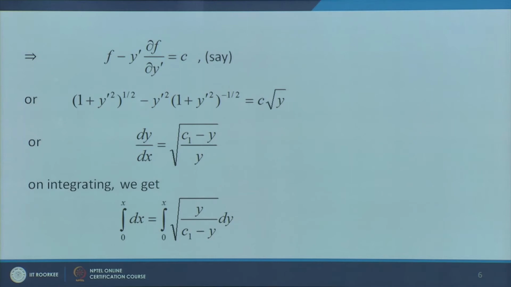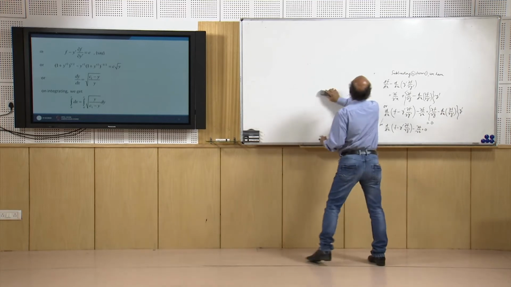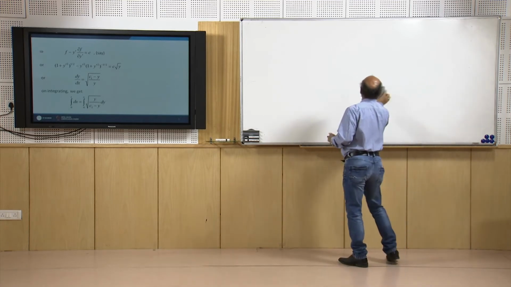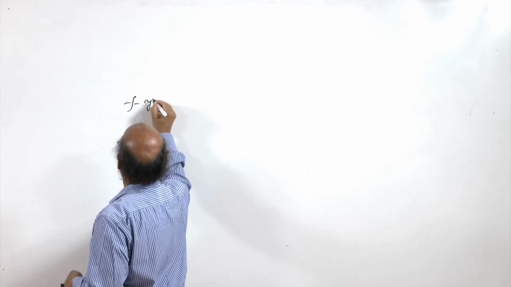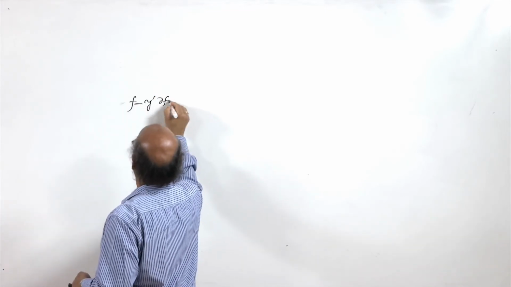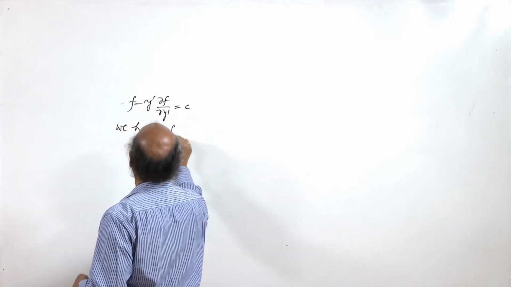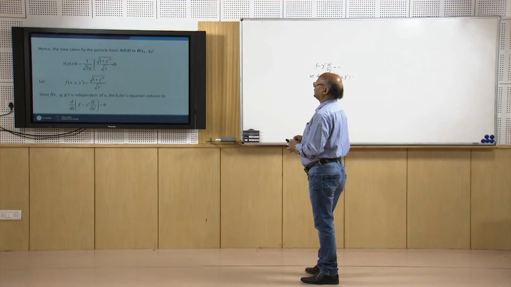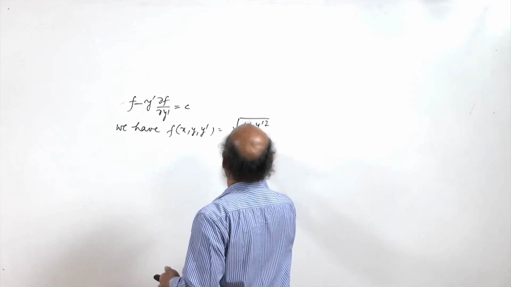Now let us simplify this equation. f minus y' times the partial derivative, we have f equal to root of (1 + y'^2) upon root y.